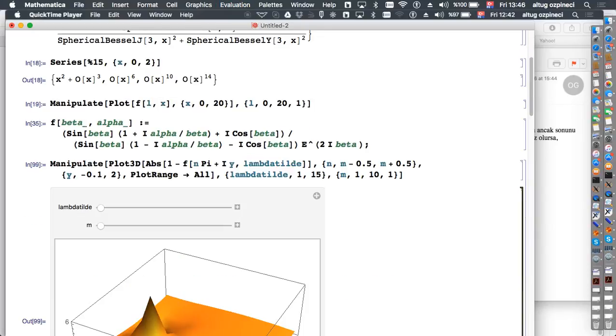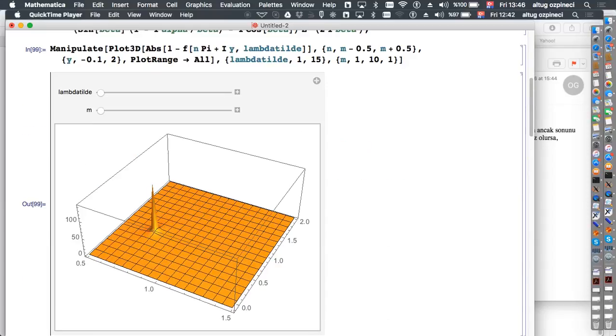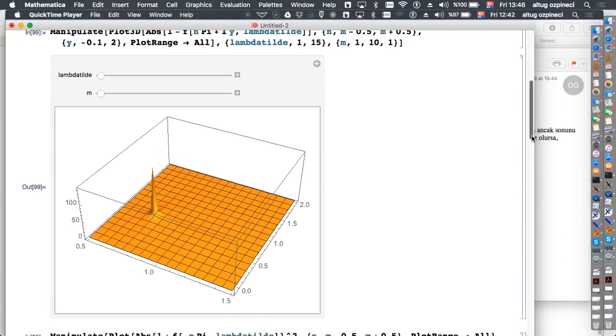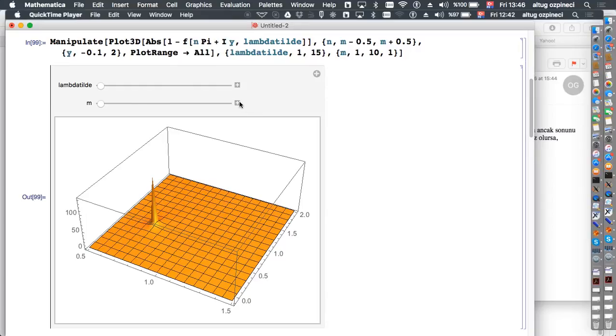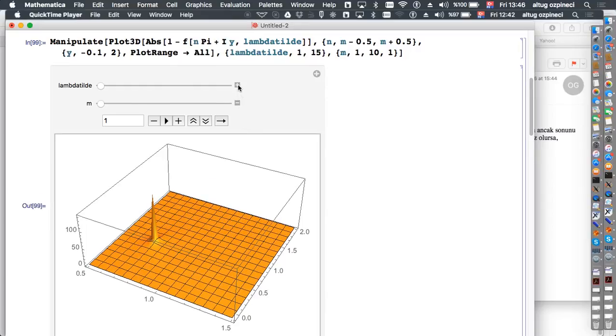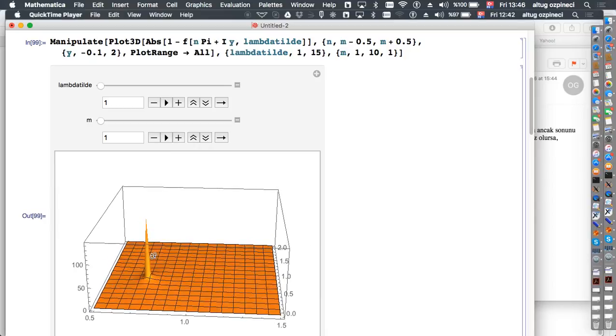Now this is how it looks. For lambda tilde 1, that's some small number, you see there is a pole over here.